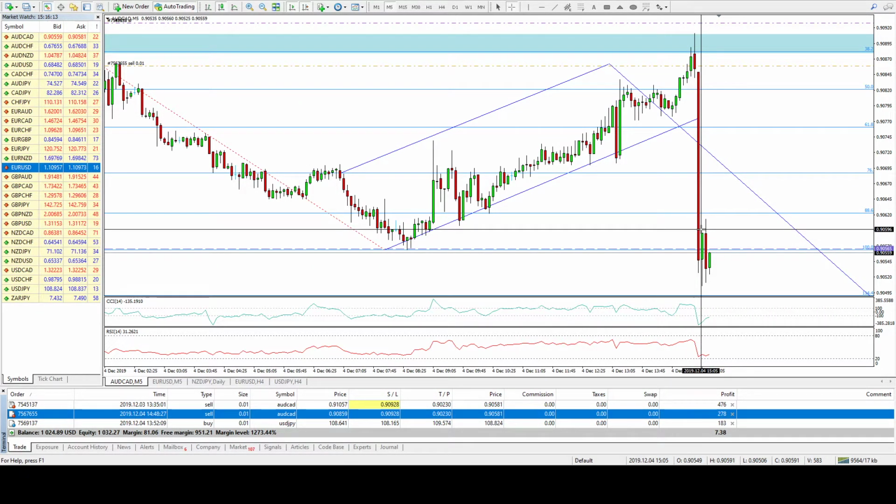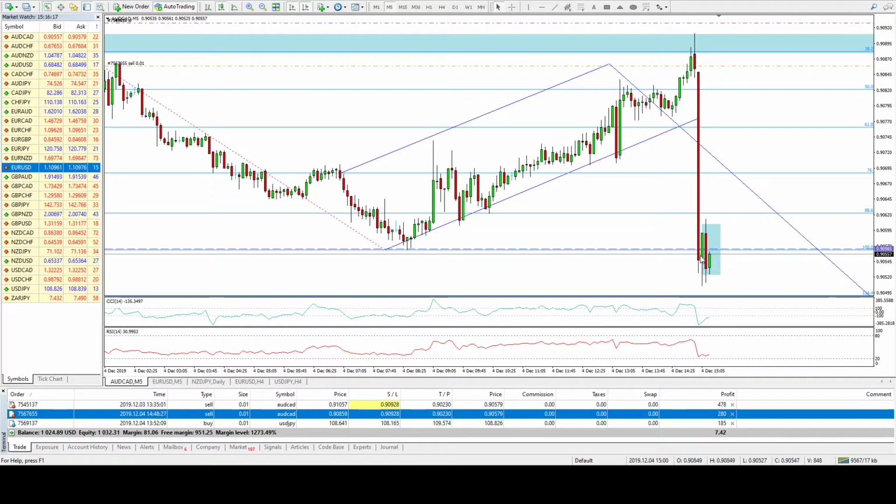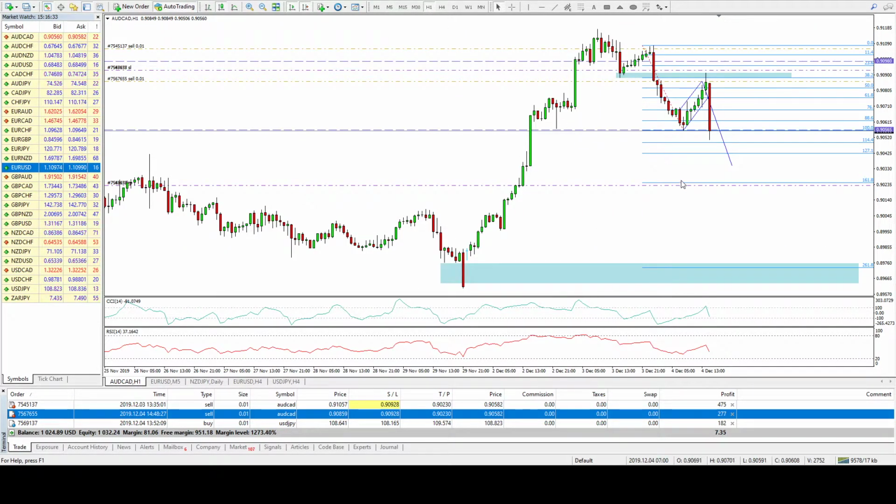Okay, I like this red candle here. It came and took over this green candle. I like that. Now the buyers are coming back in. Let's see if they have any oomph in them. I don't see it, but again, I don't.